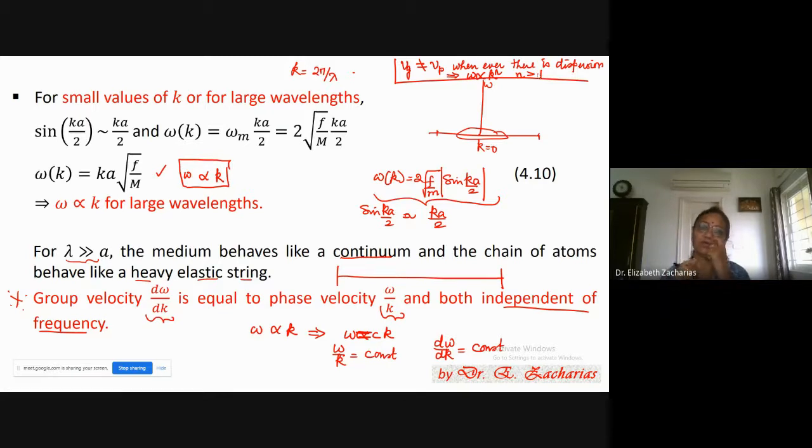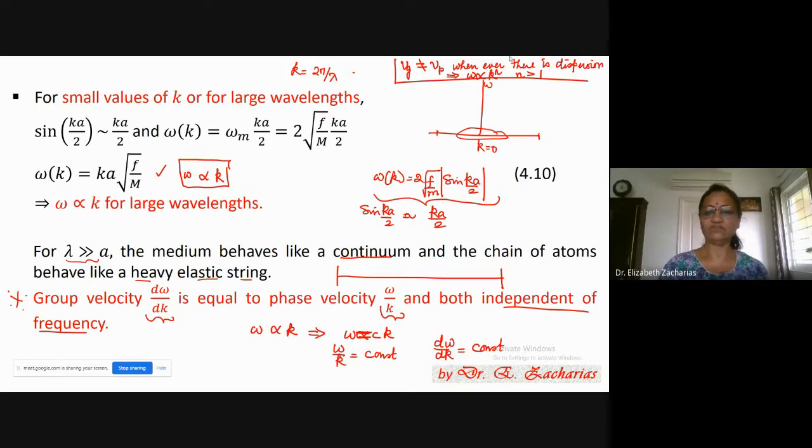That means omega depends on k. If you do omega by k, you won't get a constant. Similarly, d omega by dk will also be a function of k. So group velocity will not be equal to phase velocity under that condition. Then you say that the medium is dispersive. There is loss of energy.